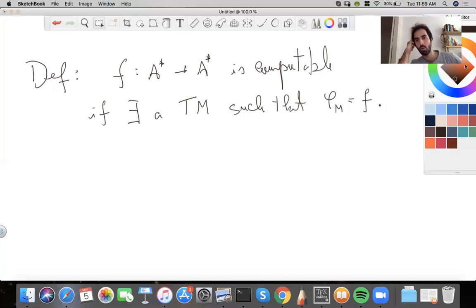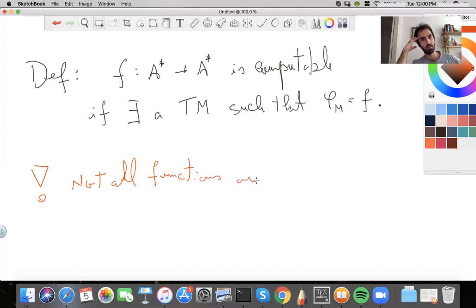Now, an interesting point is that not all functions are computable. Why is that?